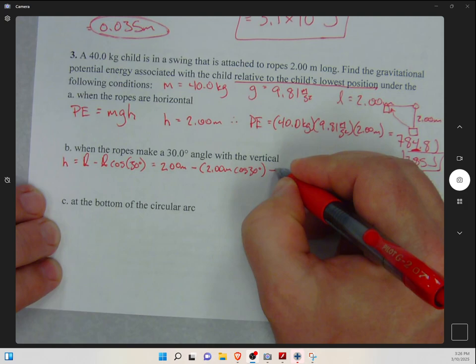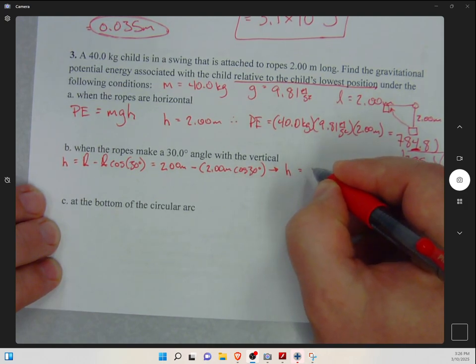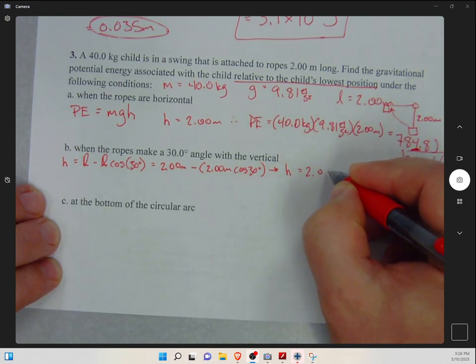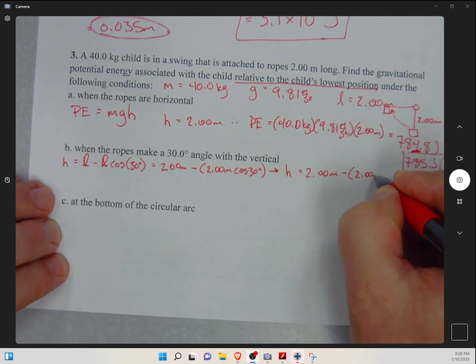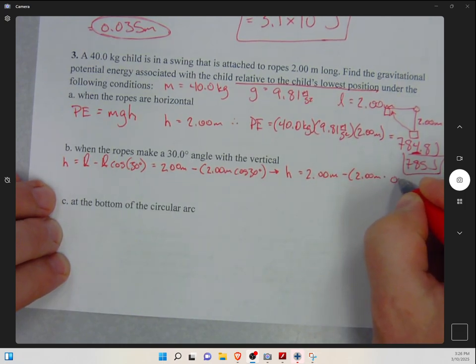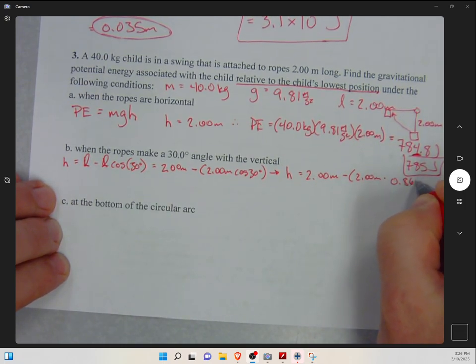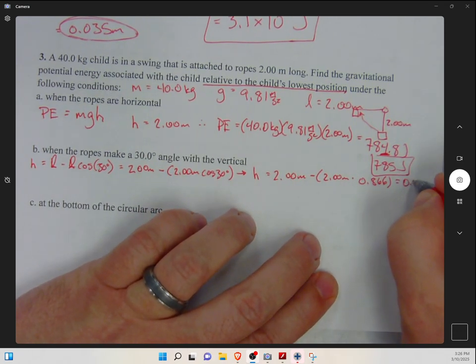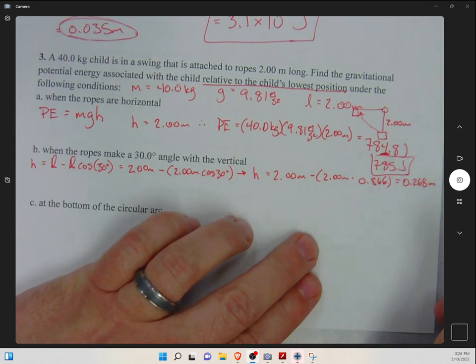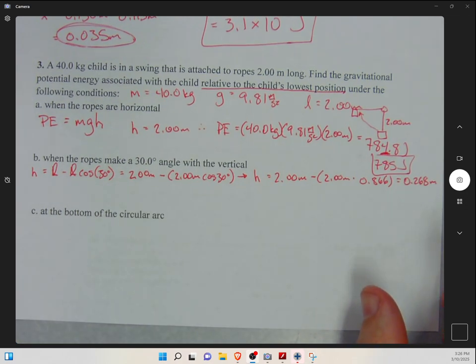So that means h is 2 meters minus 2 meters times, my calculator tells me that cosine 30 is 0.866. So that means my value for h, my height above the lowest point, is going to be 0.268 meters.